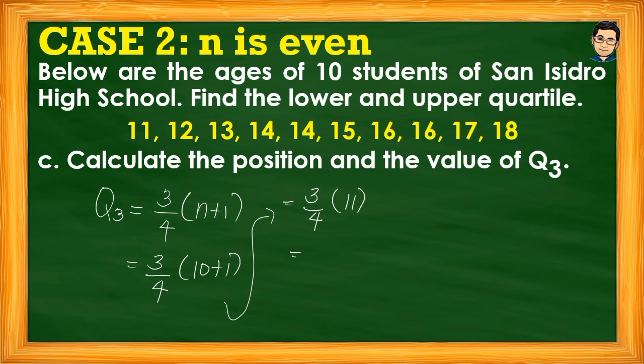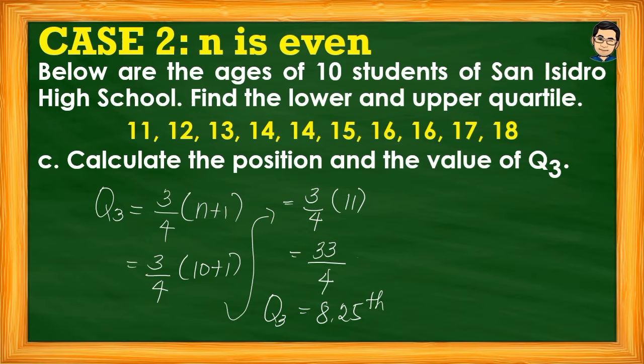So, we multiply 3 by 11. That is 33 over 4. When we divide 33 by 4, we get 8.25. So, the position of quartile 3 is the 8.25th score.